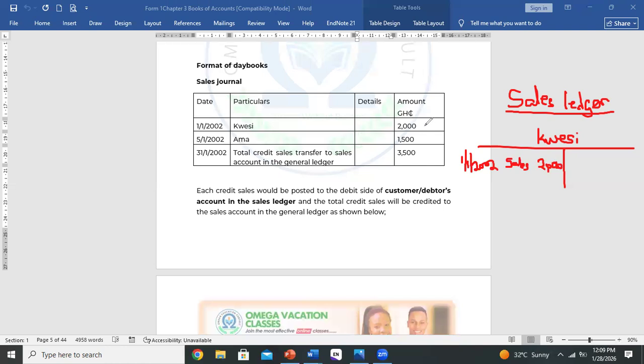Then the next person is Amma. So you open another account for Amma. Amma too is another debtor we sold to. So we will debit her account, 5th January 2002.